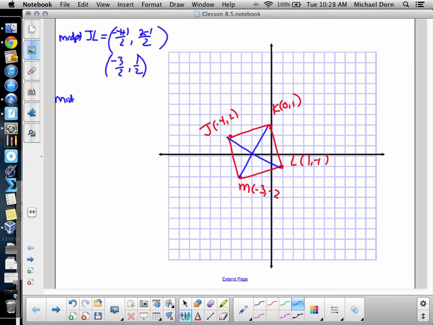And then midpoint of KM, that'd be negative 3 plus 0 over 2, negative 2 plus 1 over 2. So that'd be negative 3 halves.